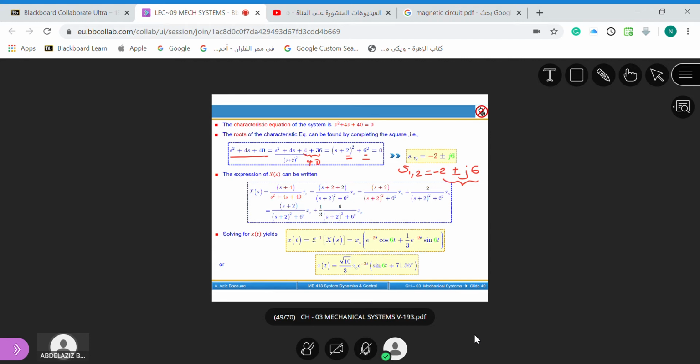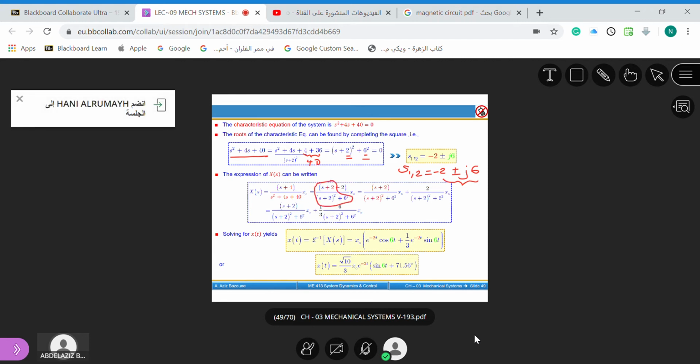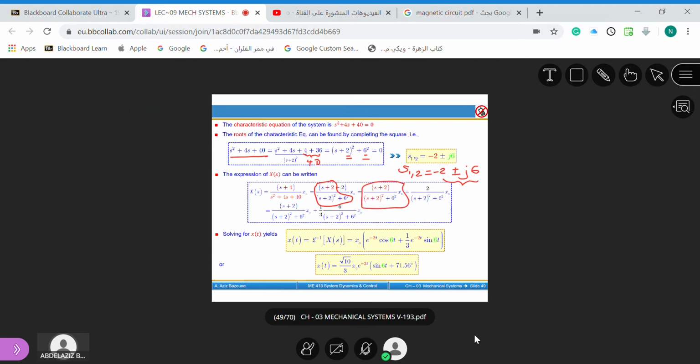We can write x of s in this form: s plus 4 over s squared plus 4s plus 40. I can split the 4 into 2 plus 2, and take the first term alone, s plus 2, times x0. Every term I will write alone, with x0 in common.